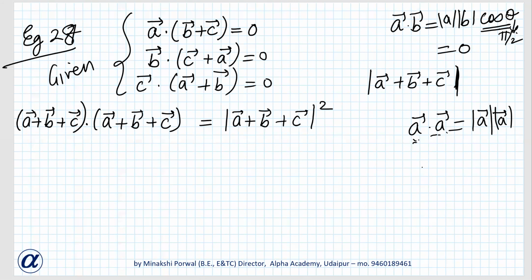So A dot A is magnitude of A the whole square.